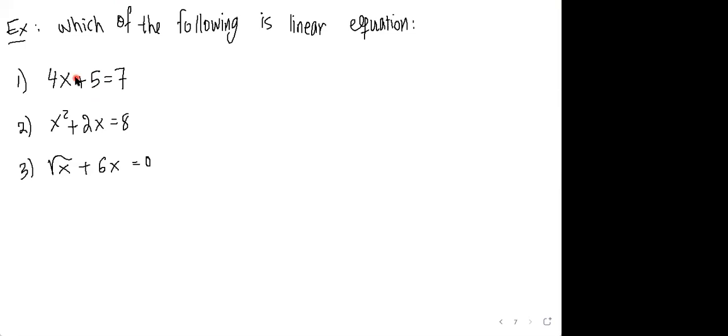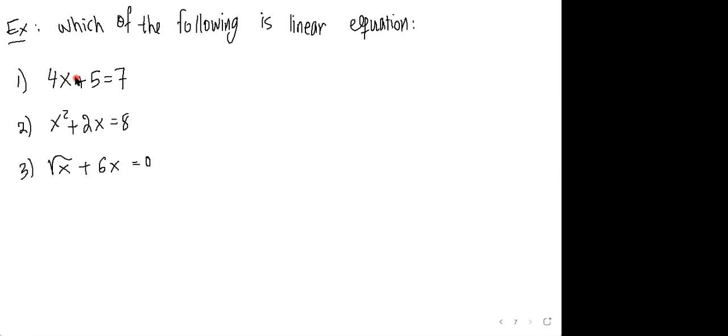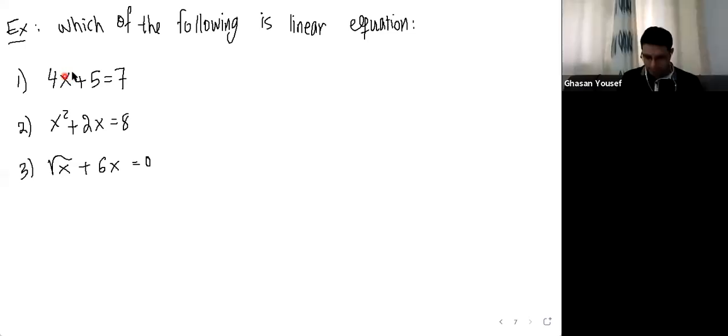Yes. How do you know? Because it's a first degree equation. Exactly, because this equation has the highest degree 1. The variable here is x, and the highest degree is 1. So this is a linear equation.